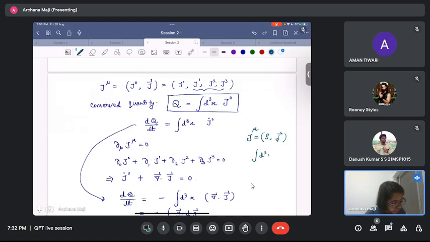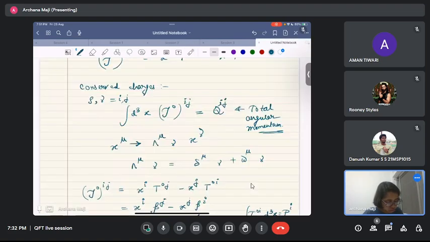So you are basically integrating the charge density, so that's why this is called charge in general. Anyway, if that was a confusion.